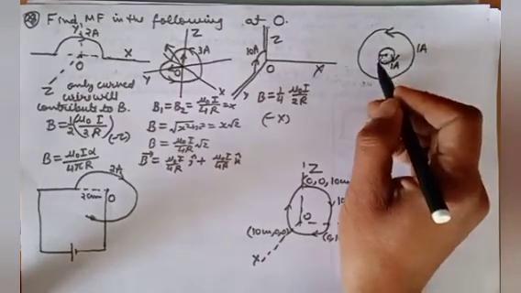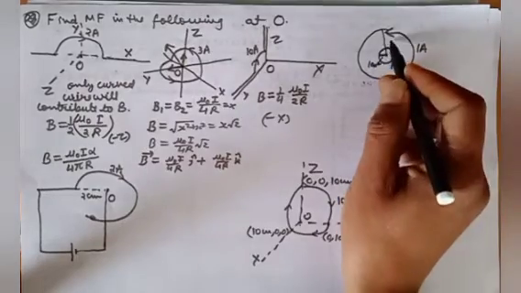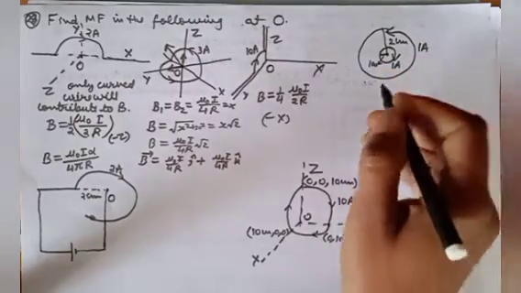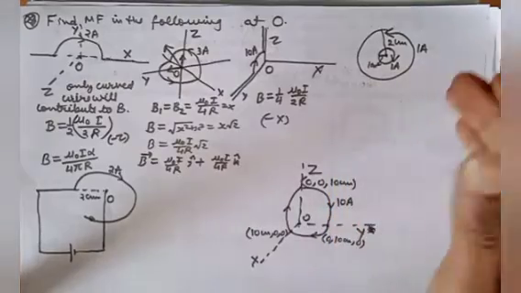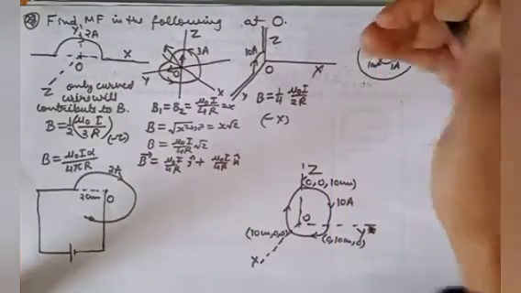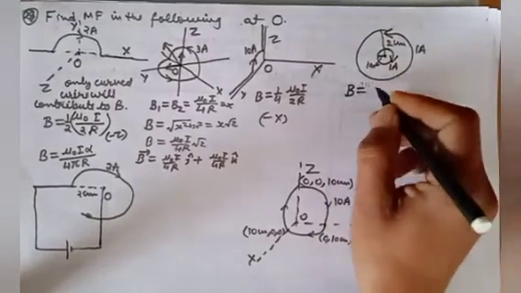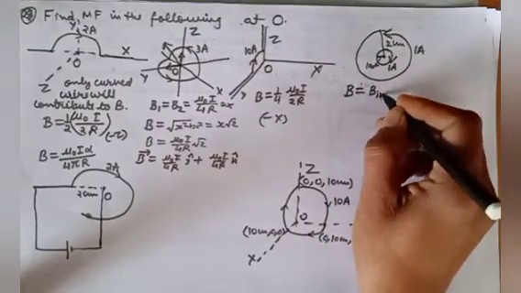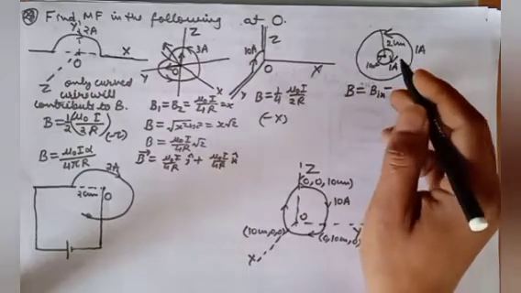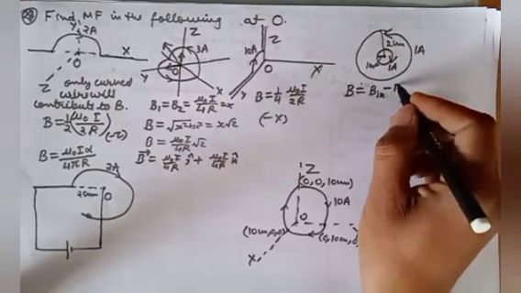Okay, I didn't mention the radius of them. So take it as 1 centimeter and the other radius 2 centimeter. Their magnetic field, for the first it will come out for the outer, and for the inner it will go inside. So B will be equal to B in minus, I am taking inside direction as positive, so B in minus B out.